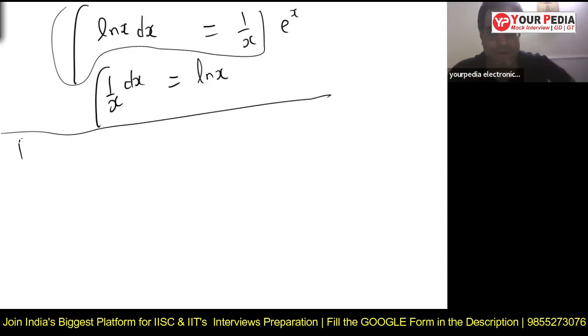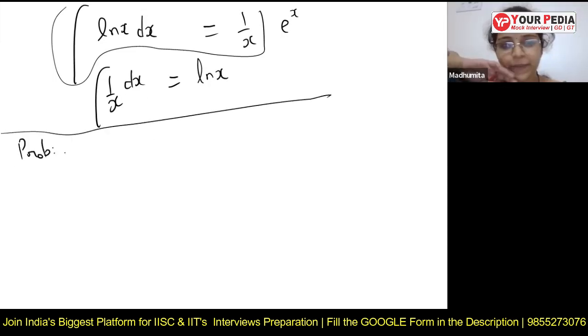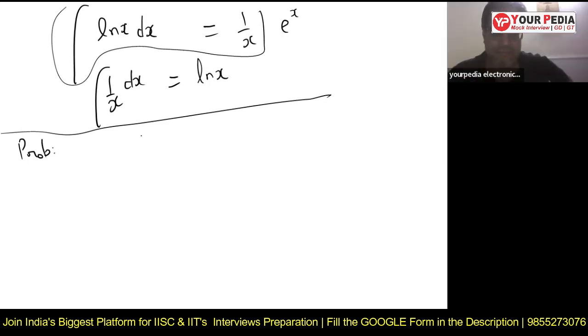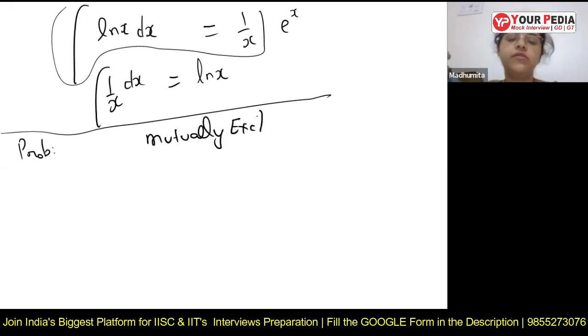So now come to probability. Define mutually exclusive events. Yes. So, mutually exclusive in the sense the occurrence of one event does not depend on the other event.